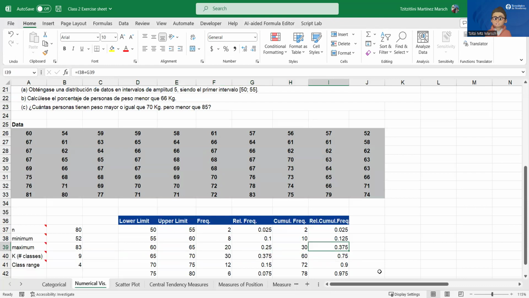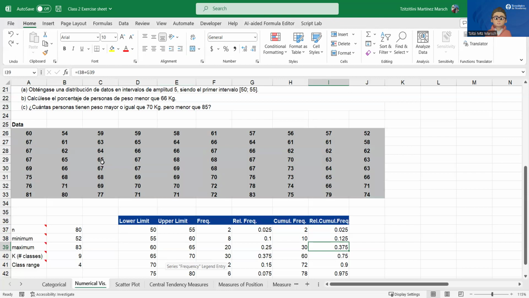But we can actually say right here that 38%, if you want to put it into percentage, has a weight less than 65. Okay, that's a lot. 38, because we're looking at this one because it's the class below that.